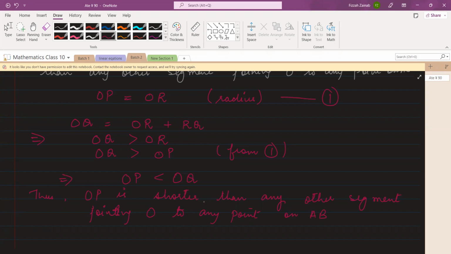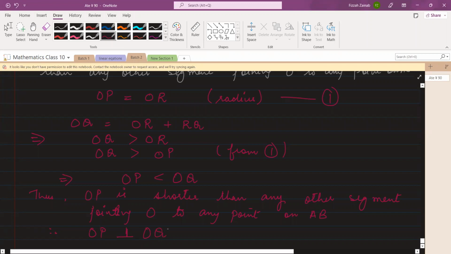It will always be shorter, so this is the shortest length. Now, what does it imply? Therefore, we can say that OP is perpendicular to AB. Sorry, AB, not OQ.